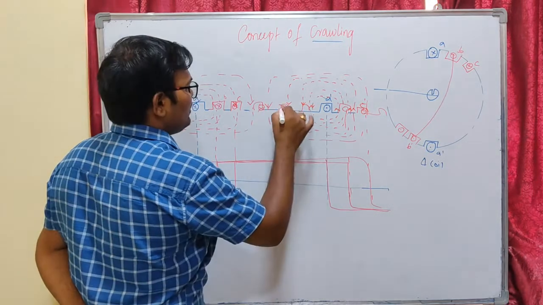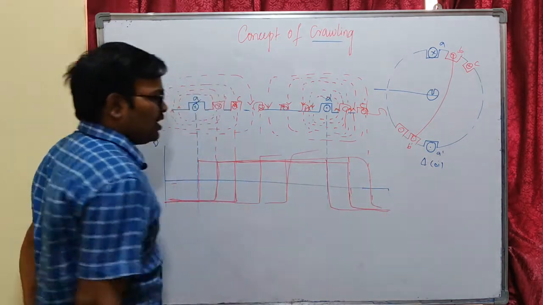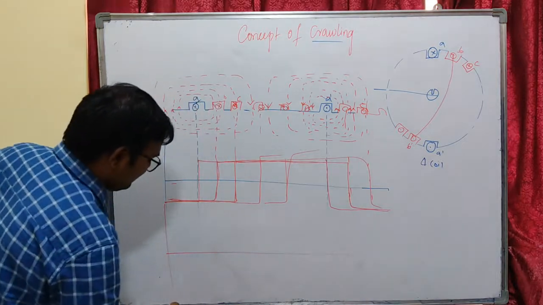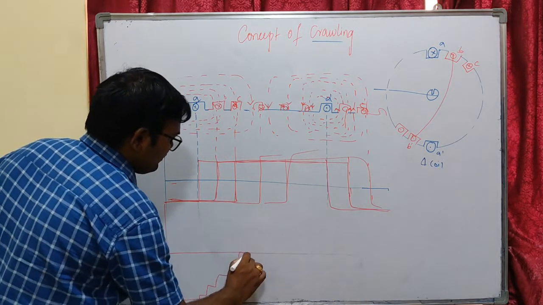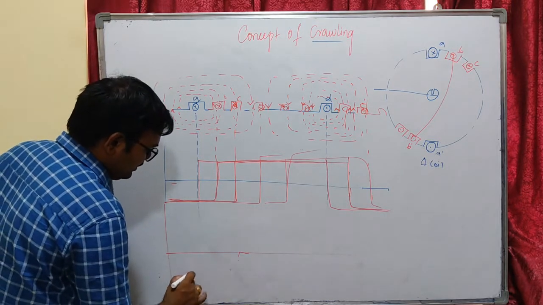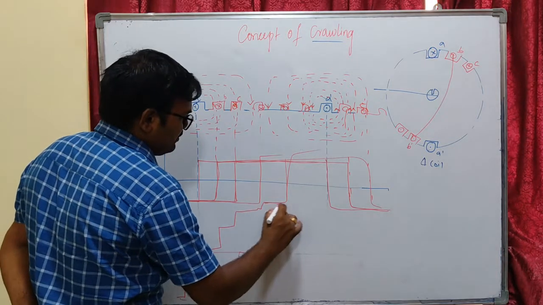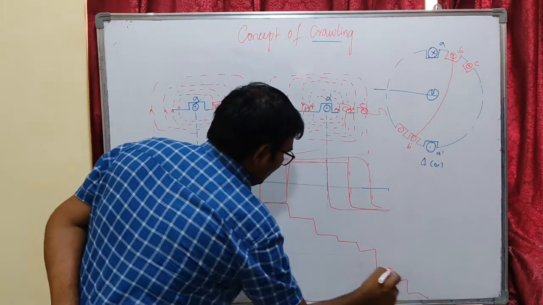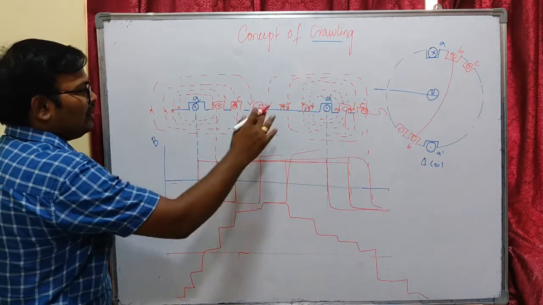If we add all these MMF waveforms, the resultant waveform will be like this. You can see this is the resultant MMF waveform due to all these coils.